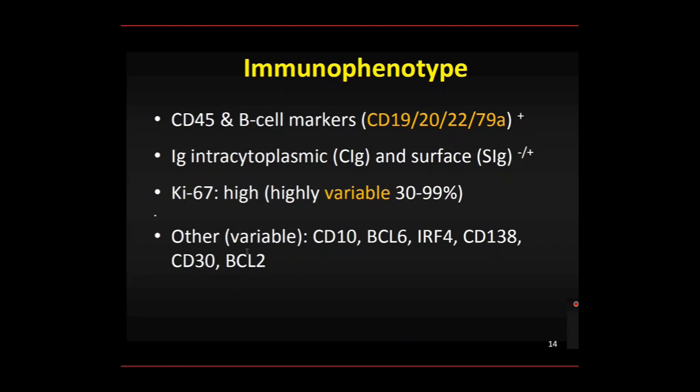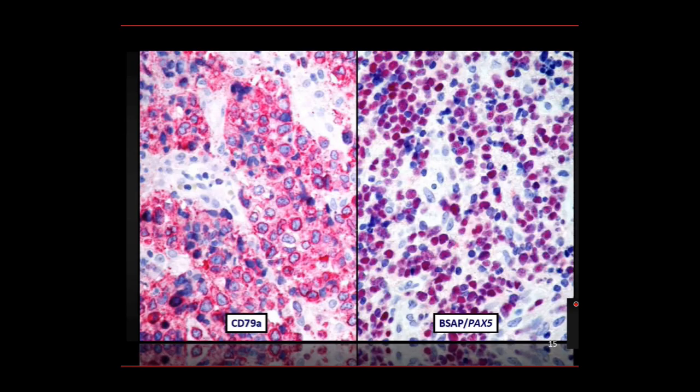And BCL2, which we know very well now as an anti-apoptotic protein, which can be expressed in selected cases of diffuse large B-cell.